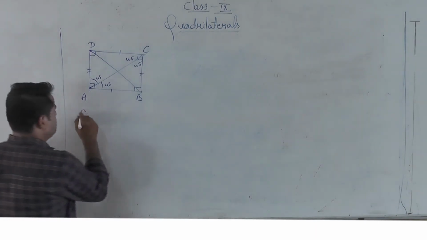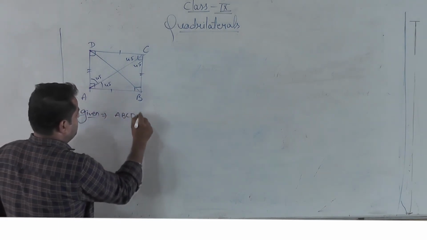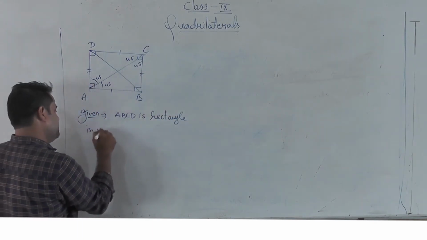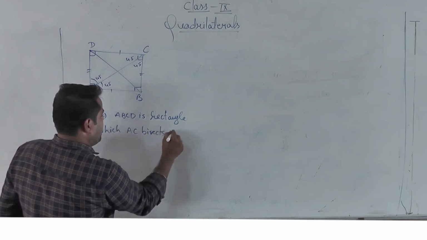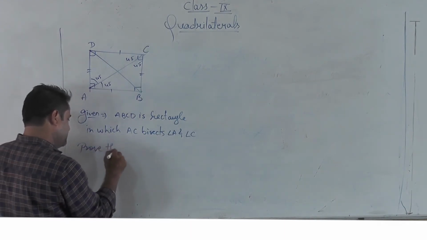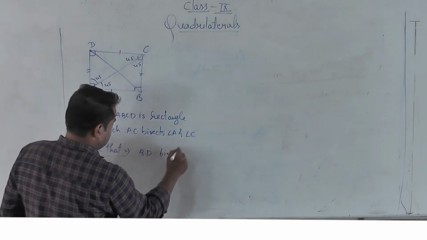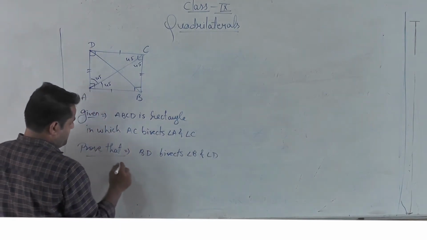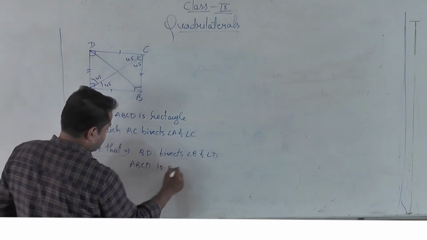Okay, so what is given to us? Given to us that ABCD is a rectangle in which AC bisects angle A and angle C. What we need to prove here is that BD bisects angle B and D, and since it is bisecting, we need to show that ABCD is a square.